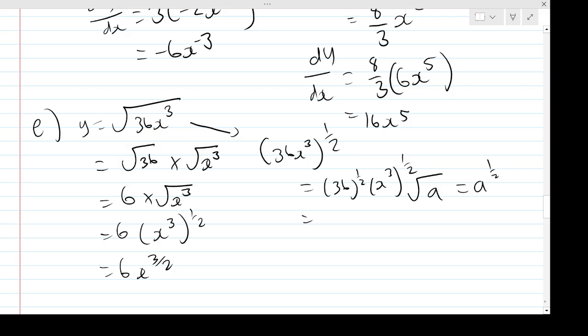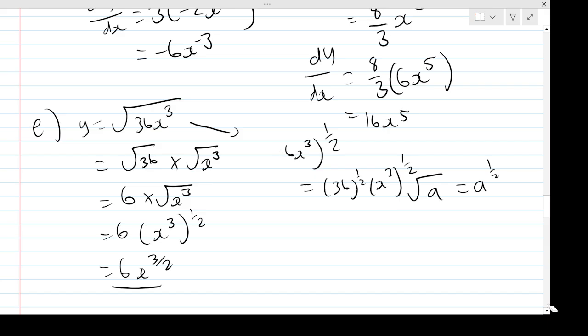And then 36 to the half, again, is just root 36, which is 6, and then x to the 3, the powers times again, so 3 times a half is 3/2, and then you get the same expression, okay?